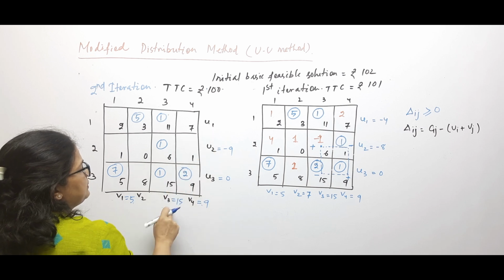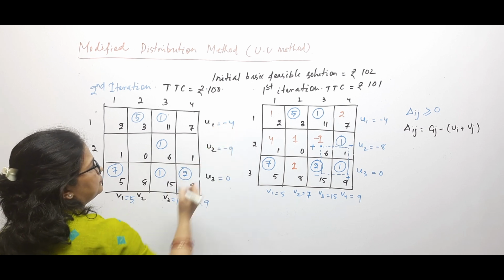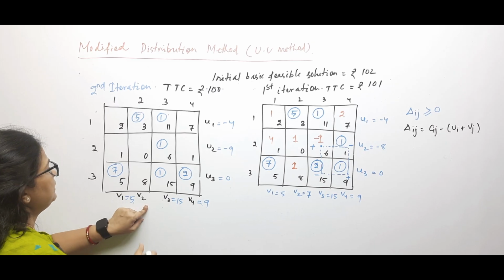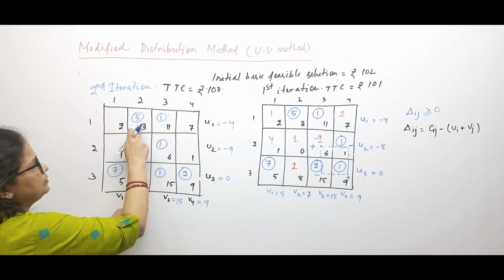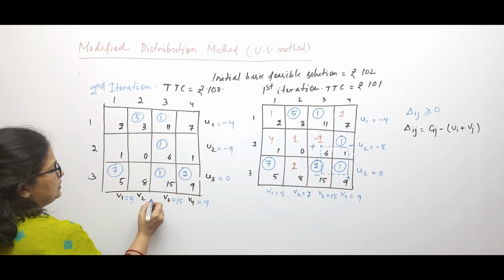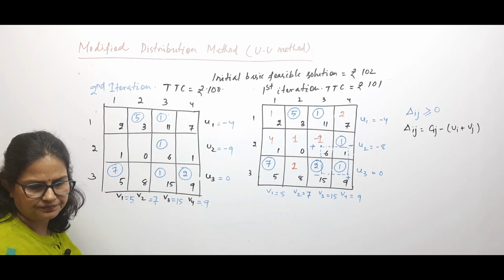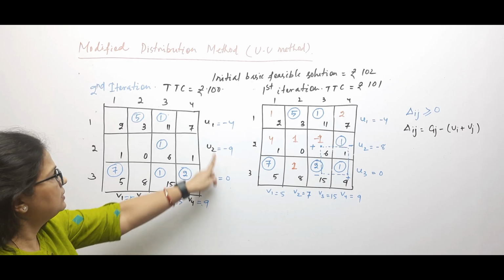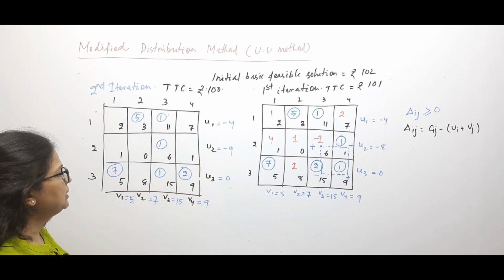So U1 equal to 11 minus 15, that is minus 4. Now we are left with V2. 3 equal to minus 4 plus V2. So V2 is 7. Now we are done with the U and V values.